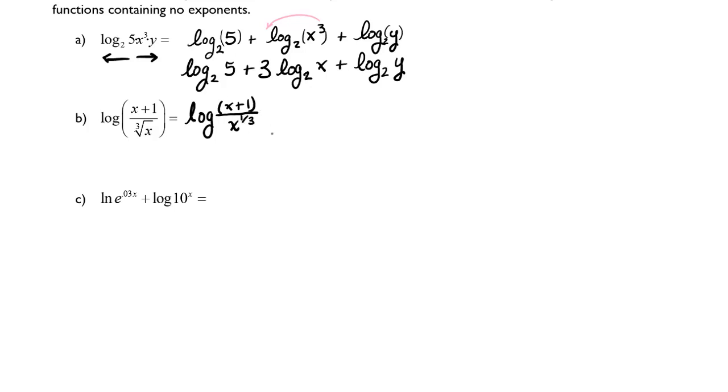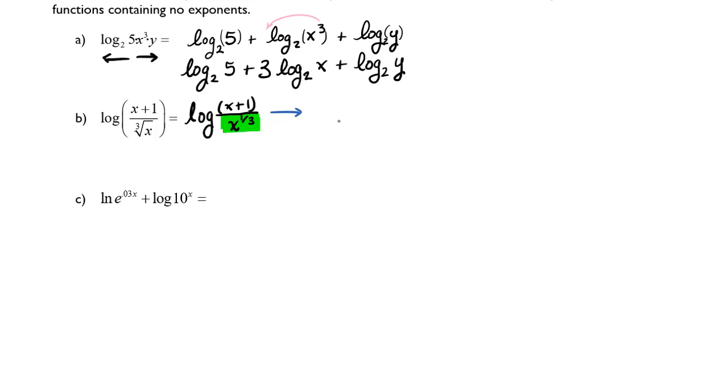Now remember, when you have division, you subtract the portion in the denominator when you turn it into its own separate term. So the denominator will be the log of x to the 1/3, and the numerator will be a positive x plus 1. I'll show you what I mean here.